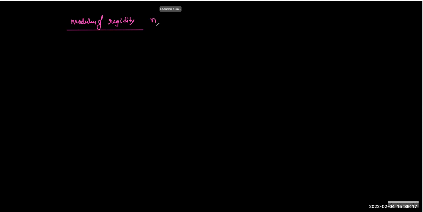The symbol I will keep is eta. This symbol you must have seen. Just write n and stretch the right part more. So this is different from the remaining definitions.